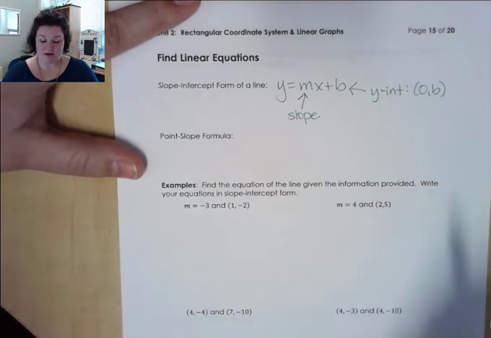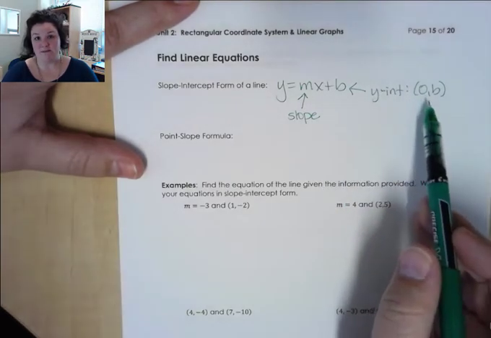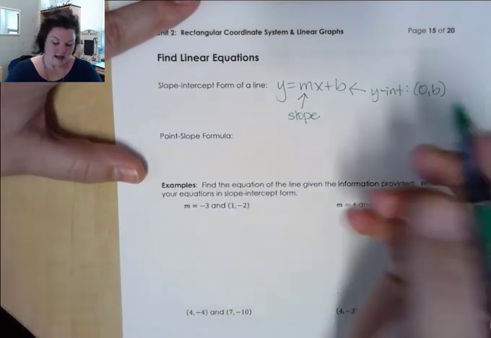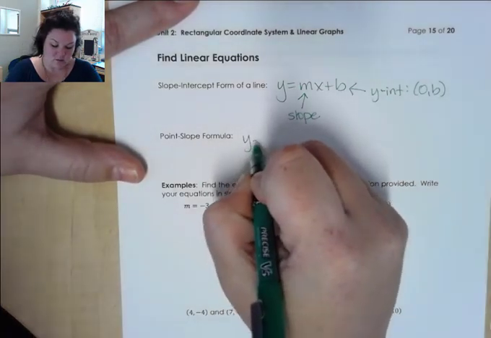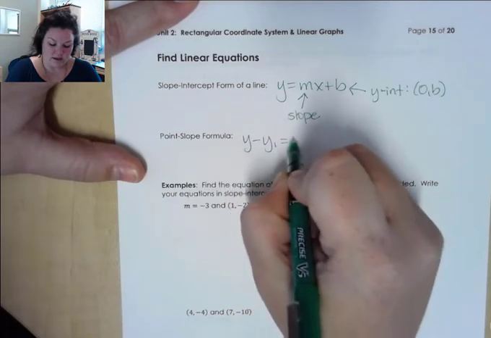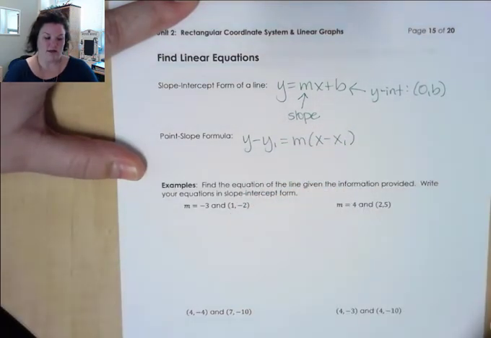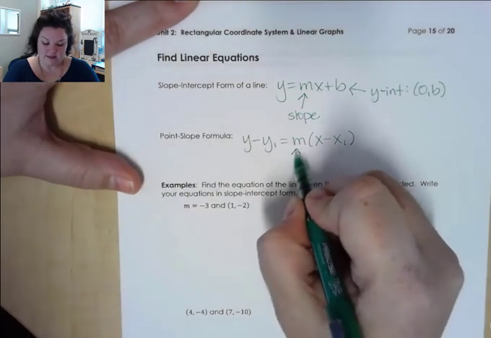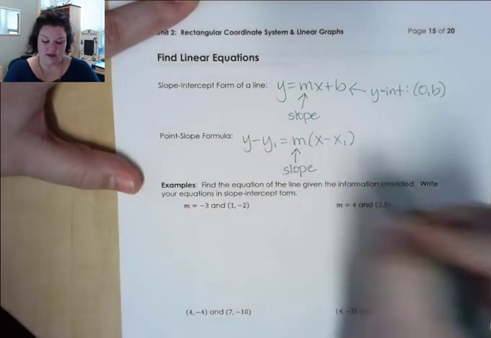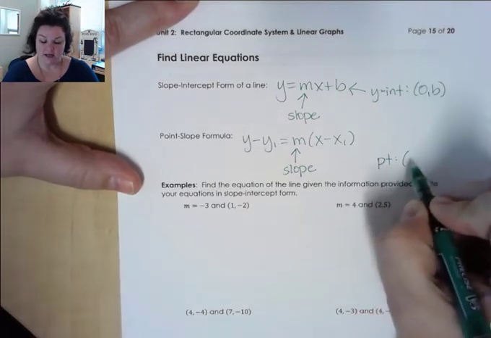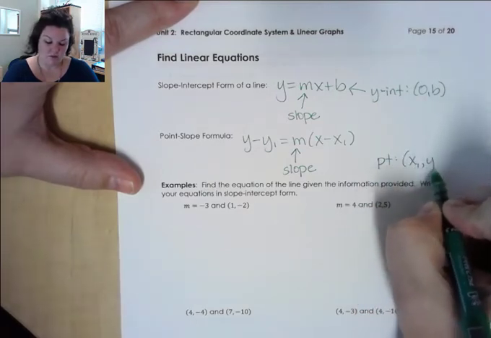Any other time when they aren't giving you the slope and specifically the y-intercept, we use what's called the point-slope formula. The point-slope formula looks like this: y minus y1 is equal to m times (x minus x1). Again, m is still our slope, and we're using a point that's on the line, (x1, y1).